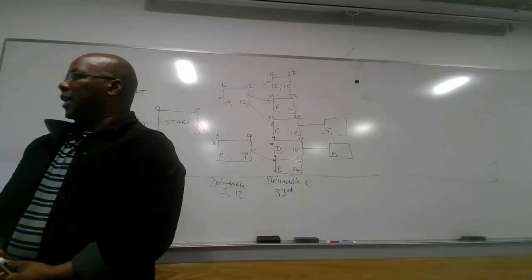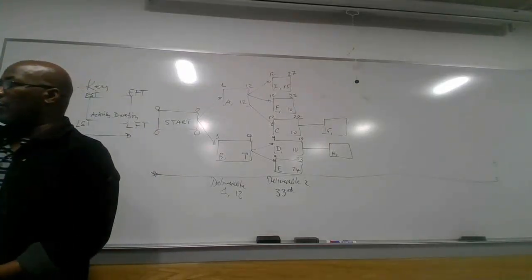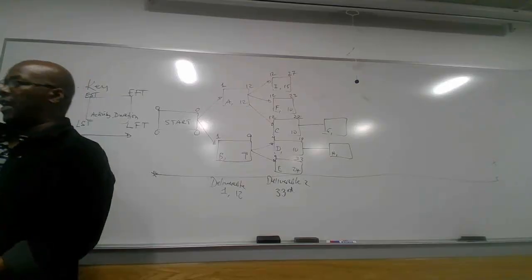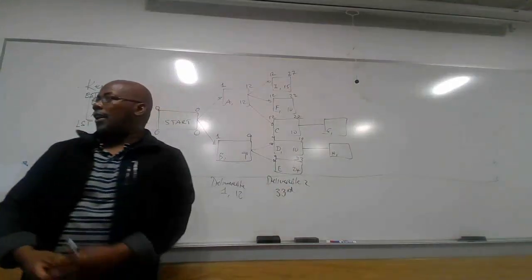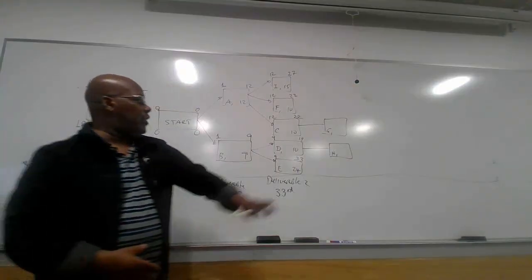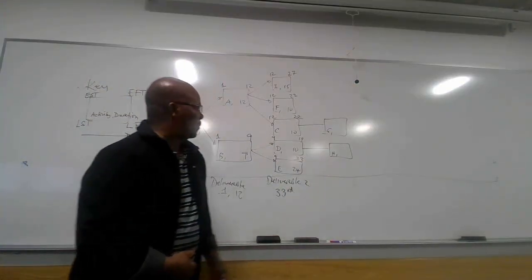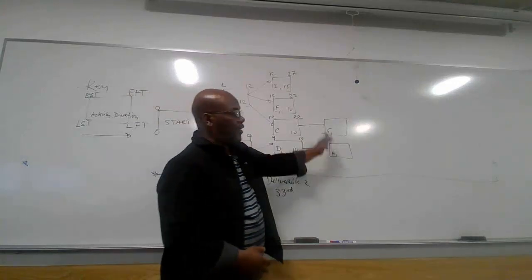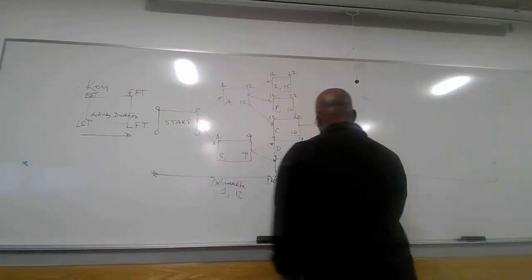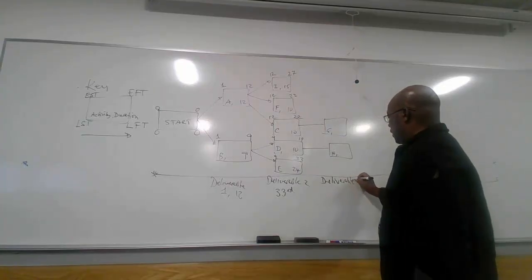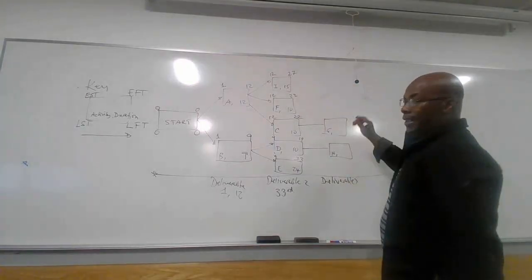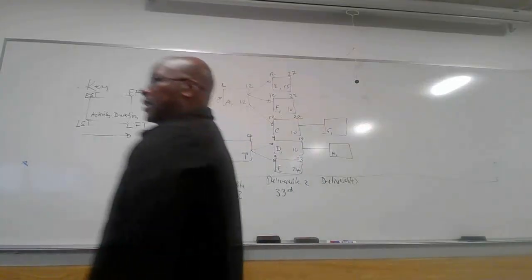And then we have J that depends on E, G, and H. So let's finish this. This is the third deliverable. And G has how many?